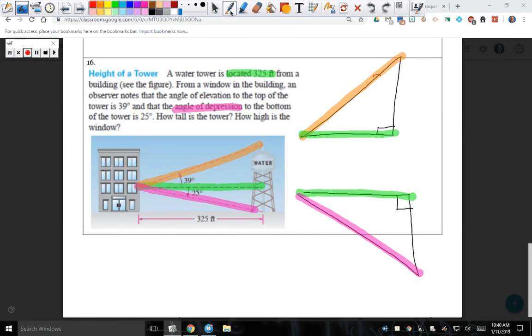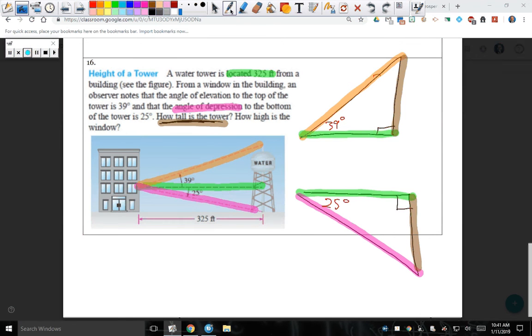Okay, so let's label our graph, and we have 25 degrees, we have 39 degrees. It says, how tall is the tower? If I were to show you with colors, this tower is right here plus right there. Do you agree? Yeah, so we need to solve two triangles per se.